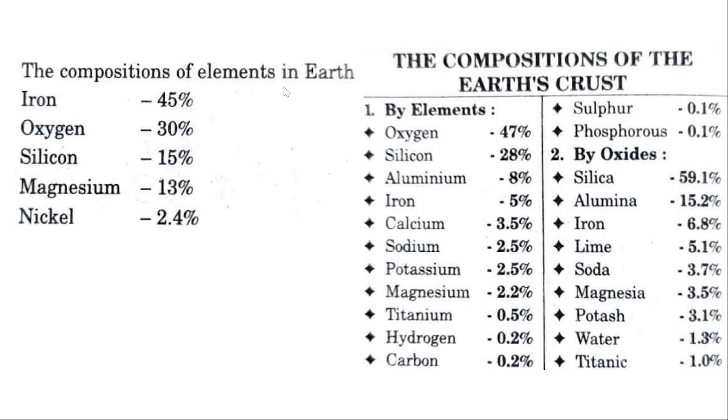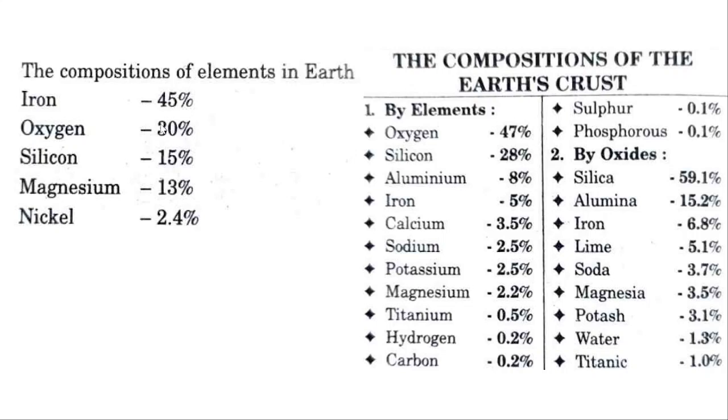But if you are looking at the composition of the Earth as a whole, then iron is the highest. So don't get confused. When you are talking about the crust, aluminium is more than iron. Aluminium comes first. When you are talking about the entire Earth, iron comes first, and aluminium is nowhere to be seen. Deep inside, the Earth is mostly iron, 45%, and oxygen comes second.